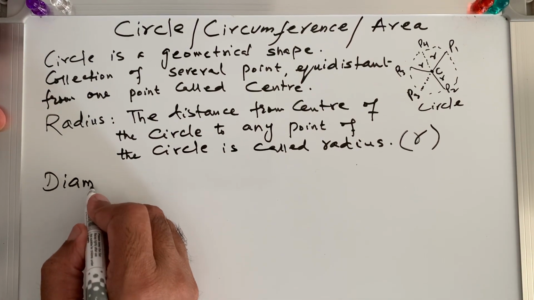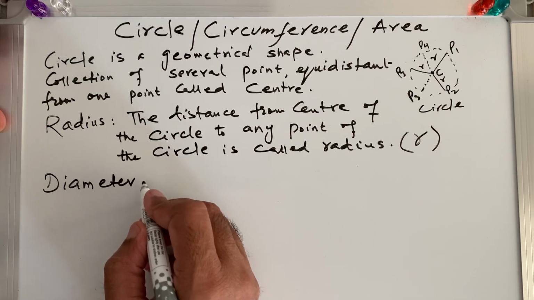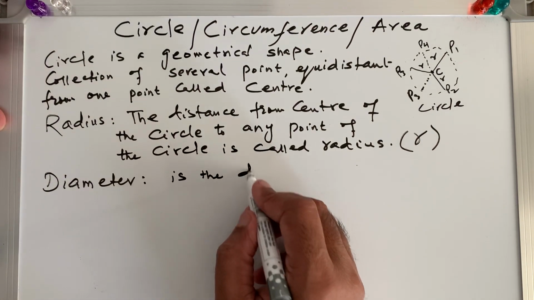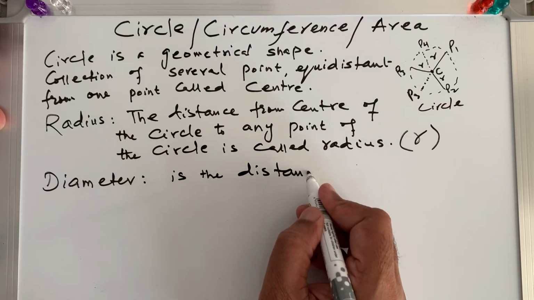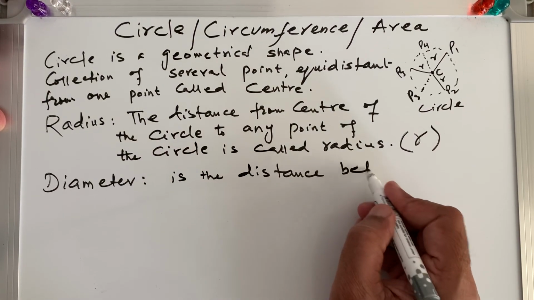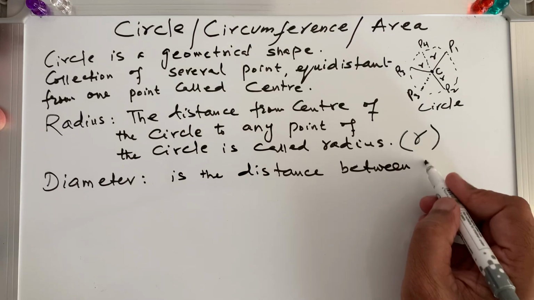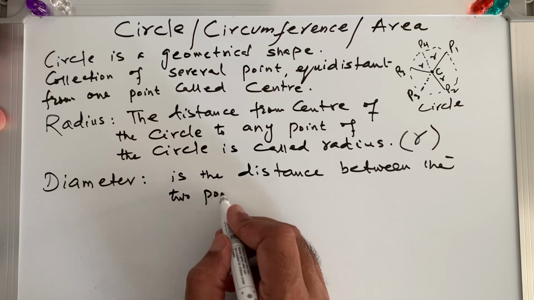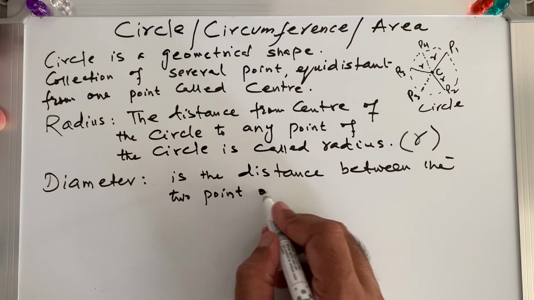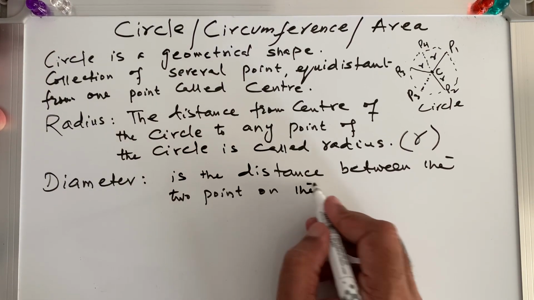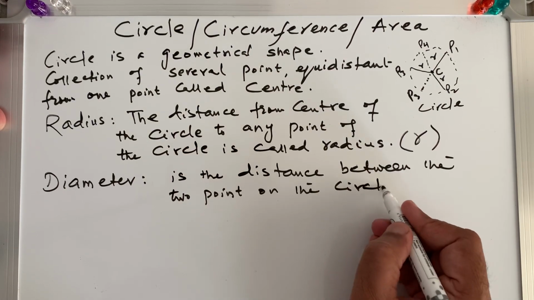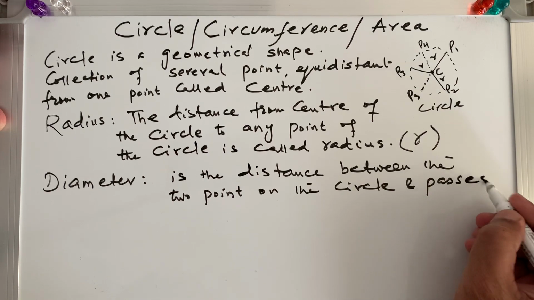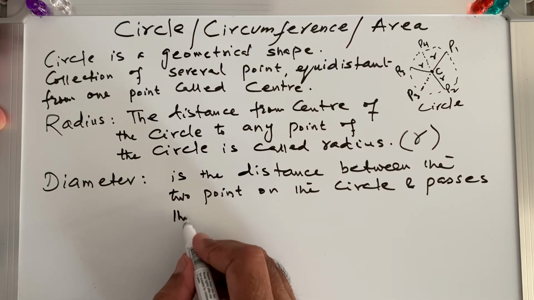So we define it. Diameter is the distance between the 2 points on the circle and passes through center.